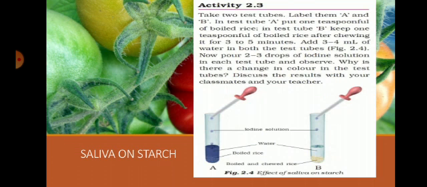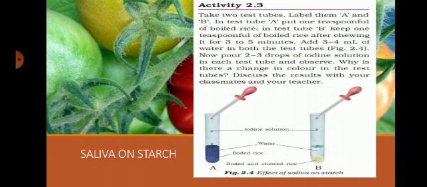The color of the boiled rice solution in test tube A turns blue-black, while that in test tube B remains unchanged. For what reason?